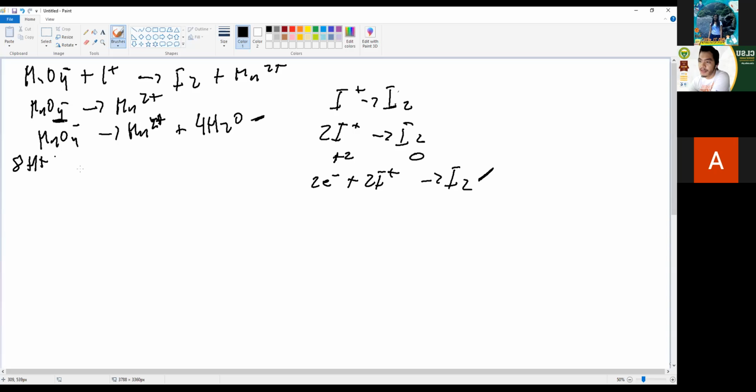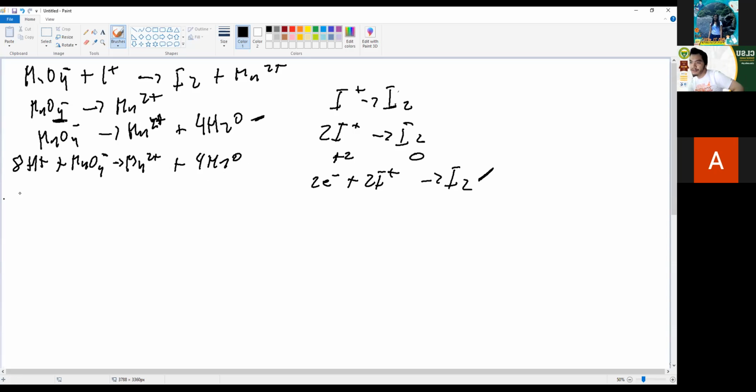So, 8H plus MnO4 negative will yield Mn2 plus 4 water. Diba? O, paano na? So, mayroon dito, you have 8 hydrogen, 1 manganese, 4 hydrogen, 4 oxygen. So, balance na lahat.